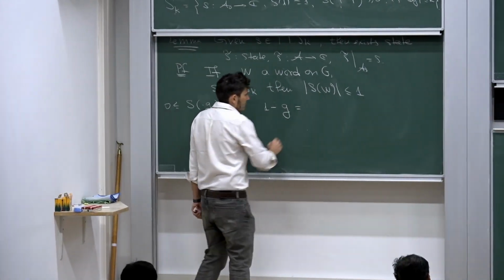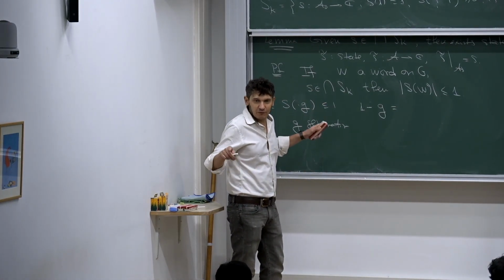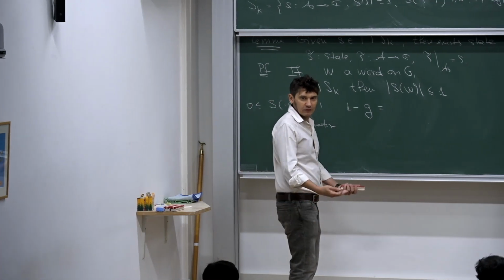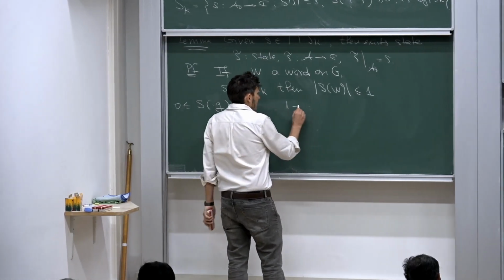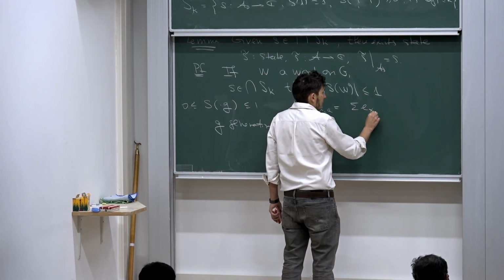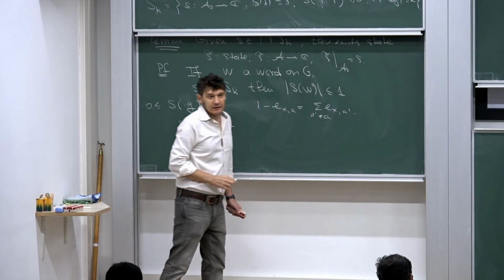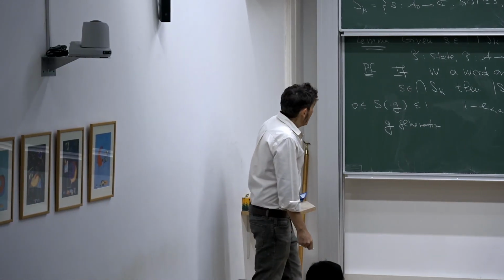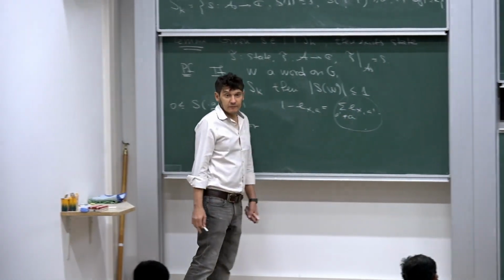Remember the relations: G is one of those E's, so there are a few more of them that add up to 1. Each one of them is self-adjoint, an orthogonal projection. So let me write it like that: 1 minus E_{x,a} is the sum of E_{x,a'}, where a' is not equal to a. And these are squares, these are E star E. So this one is then positive in that case, right?